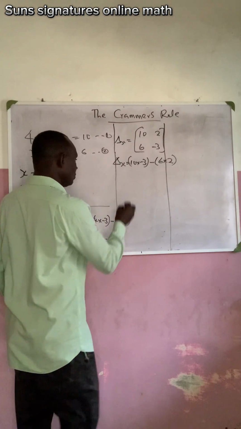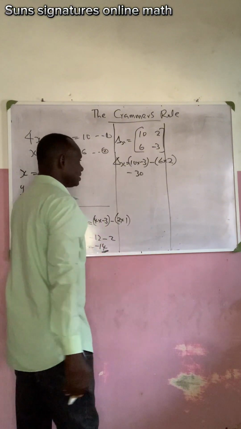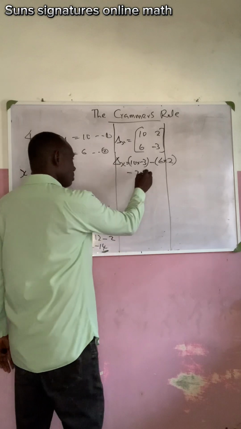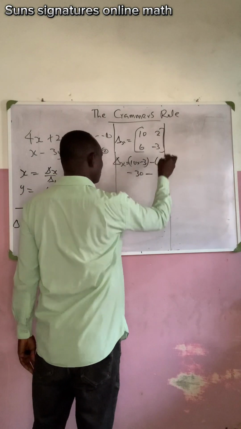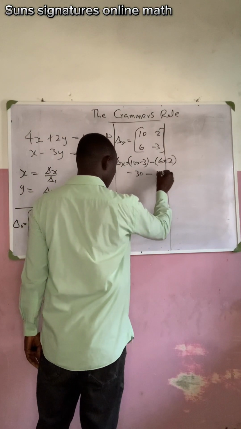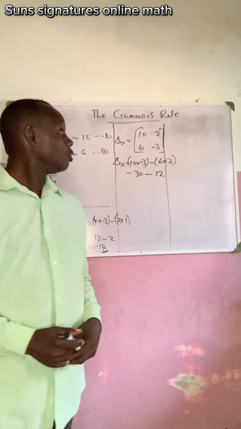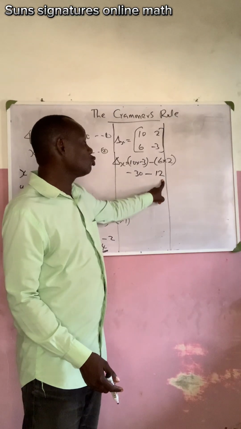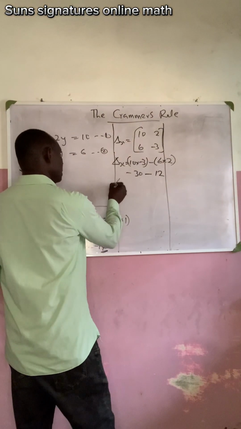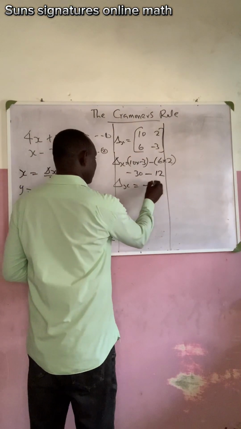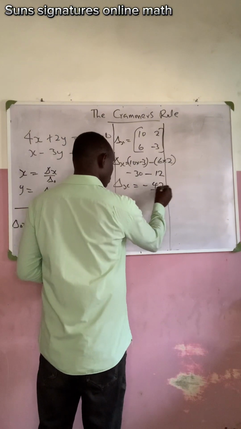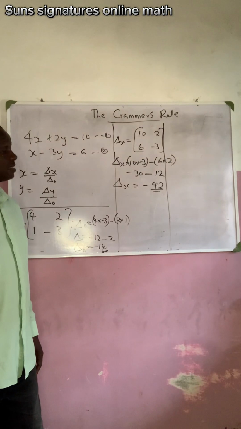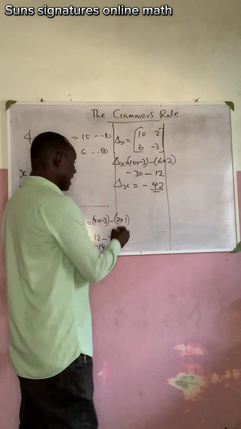Now, 10 times 3 will give me minus 30, minus 6 times 2, which is 12. So minus 30 minus 12 will give me my delta x as minus 42. This becomes my delta x. Then my delta y.